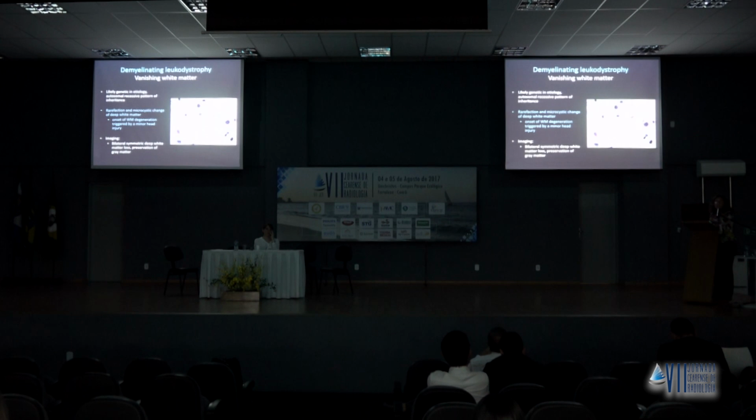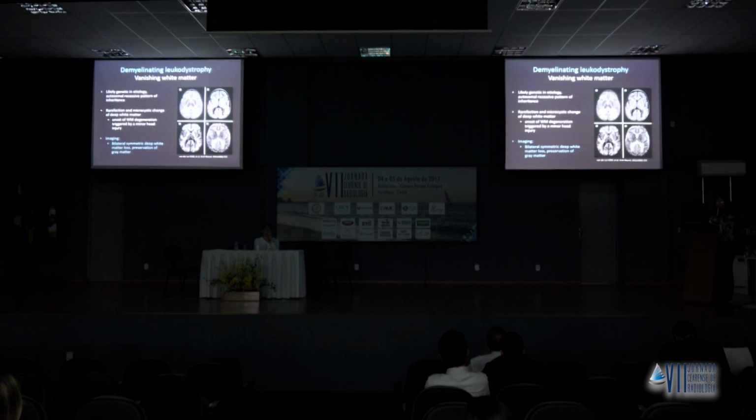And this white matter degeneration, interestingly, can be triggered by a minor head injury, very, very minimal. And then all of a sudden, their white matter starts melting away. So they get this diffuse, abnormal white matter signal, and slowly the white matter disappears, and there's preservation of gray matter. So that is vanishing white matter disease.